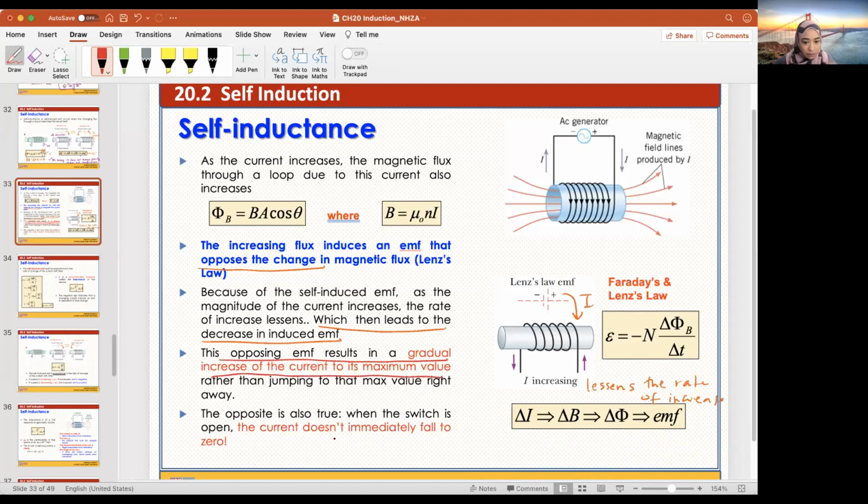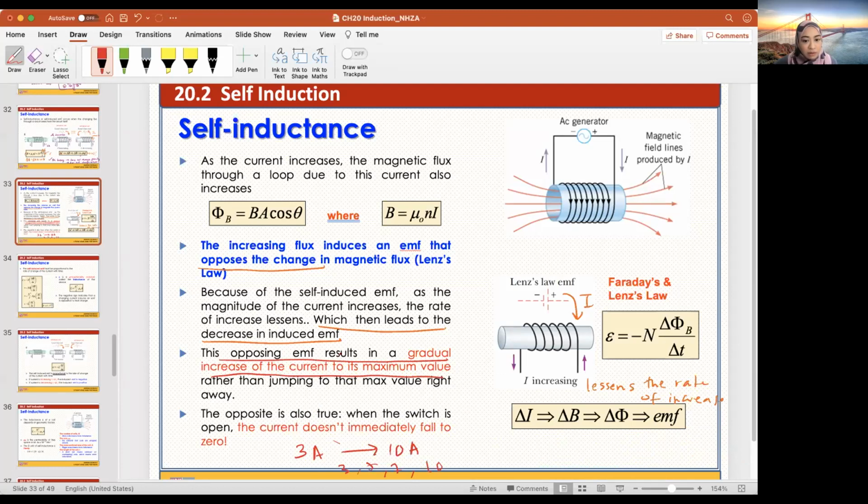The current wants to rise to 10. Instead of rising 3, 5, 7, 10, it doesn't rise like that. It rises slowly because of the induced EMF.